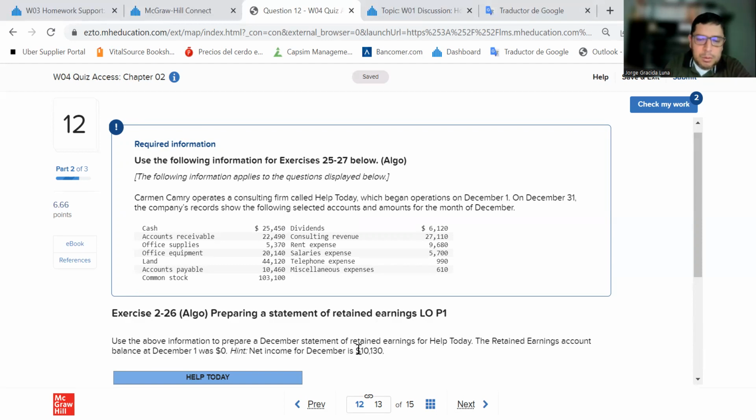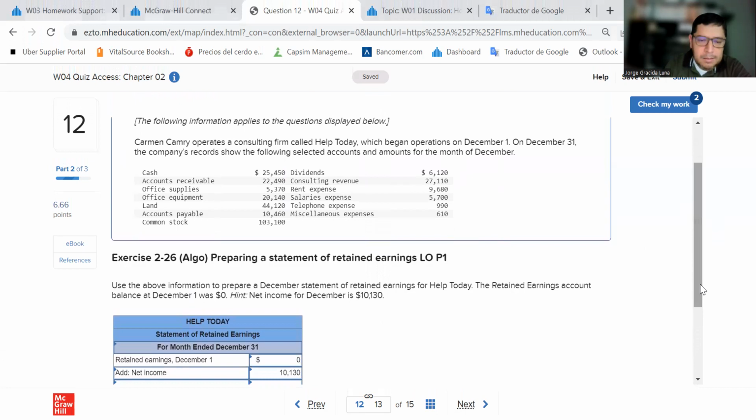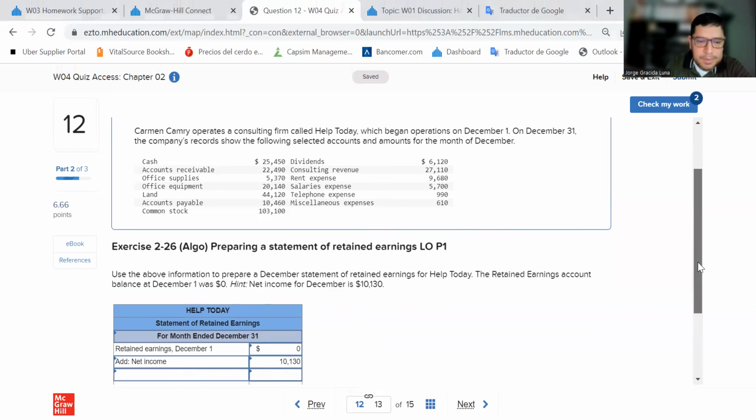As you can remember, we obtained this number in the income statement. It is a period, so we're going to put the month ended December 31. Retained earnings, like it says here, we're going to put 0. Net income is the same number as in our last income statement.